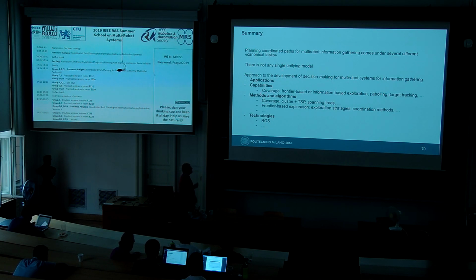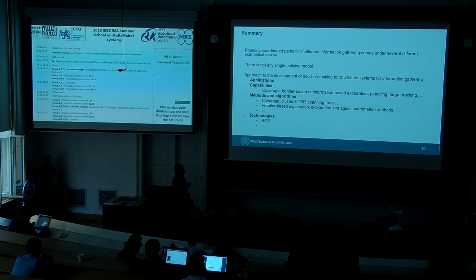So it is a problem of coverage, it's a problem of frontier-based exploration, it's a problem of target tracking, it's a problem of what? Then, when you have these, you can look at algorithms, or families of algorithms, that have already been developed for this kind of canonical tasks.